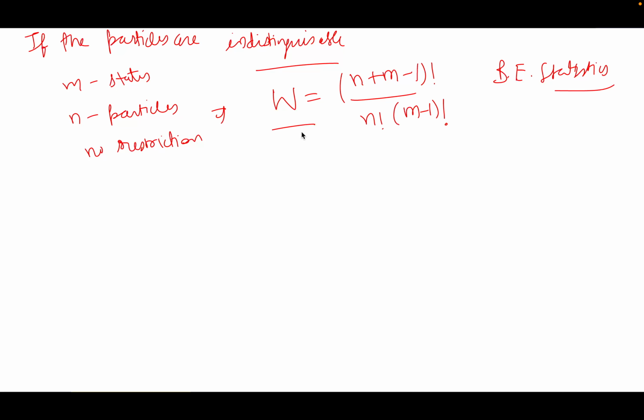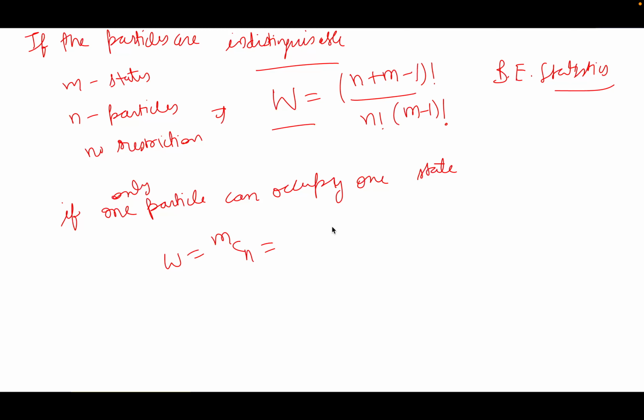Now if there is a restriction, if only one particle can occupy one state, then it will be nothing but the combination, mCn, m factorial divided by n factorial times (m minus n) factorial, and this is nothing but the Fermi-Dirac statistics.